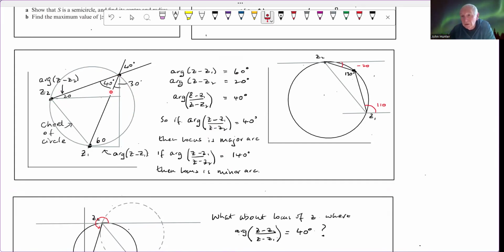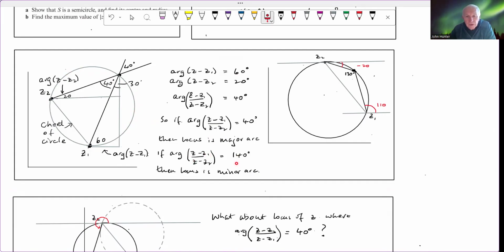And if we're looking for it to be 40 degrees, then it's going to move around a major arc of the circle, all the way around from there around to there.